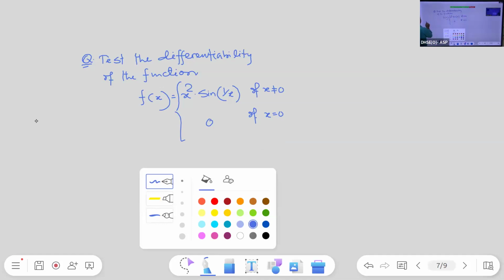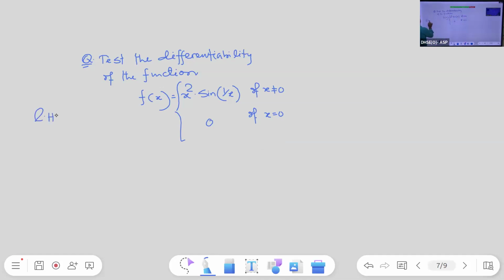LSD. Left hand derivative at x is equal to 0. This is equal to limit h tending towards 0, f of 0 minus h minus f of 0 upon minus h, right?